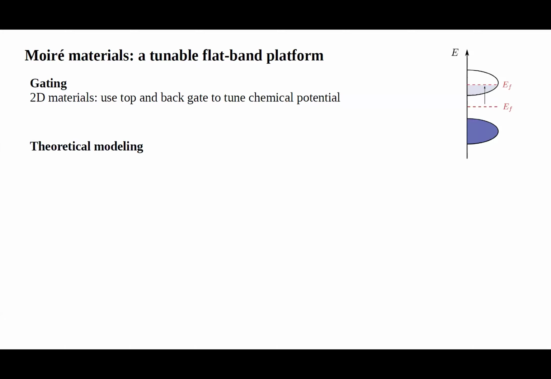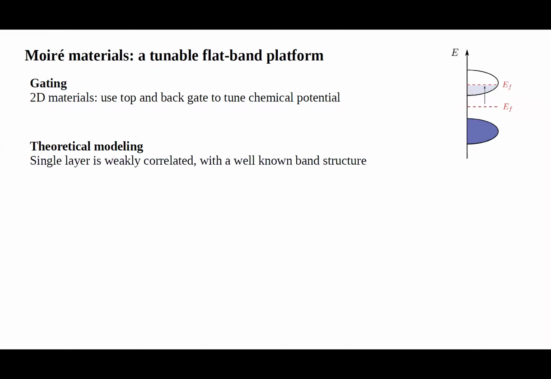I think possibly another advantage is the theoretical modeling. Maybe it's not going to easily give you what the strongly correlated phases are. Definitely it's not going to give you that, but you have a weakly interacting starting point that can put you in the right direction.